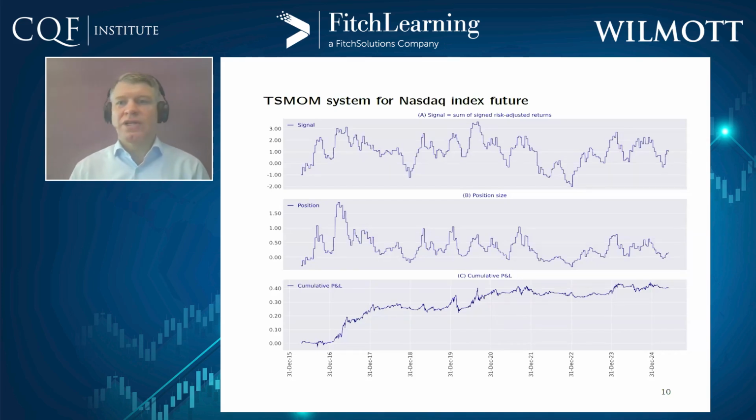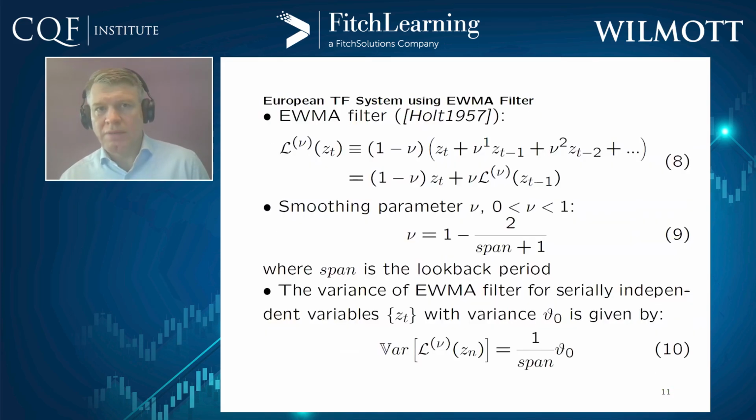So you have these step functions as an average, either positive if the price was going up, or in 2022 it was actually negative. So the average signed 12 months momentum became negative, and you have the position size also going. And now I start with the European trend following system.